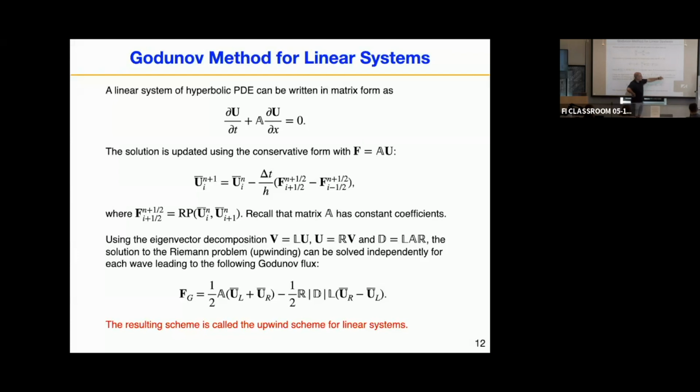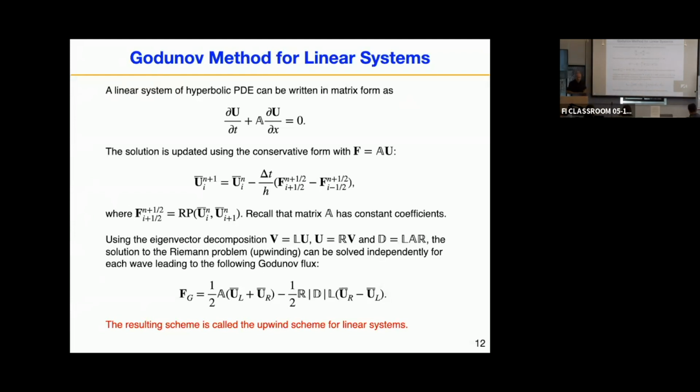And D here is a matrix that contains all the eigenvalues of the problem. What's the beauty with the linear system is that if you multiply your equation by L on the left and R on the right, which is the basis transformation from the original basis to the eigenvector basis, you end up with three diagonal, independent PDEs.